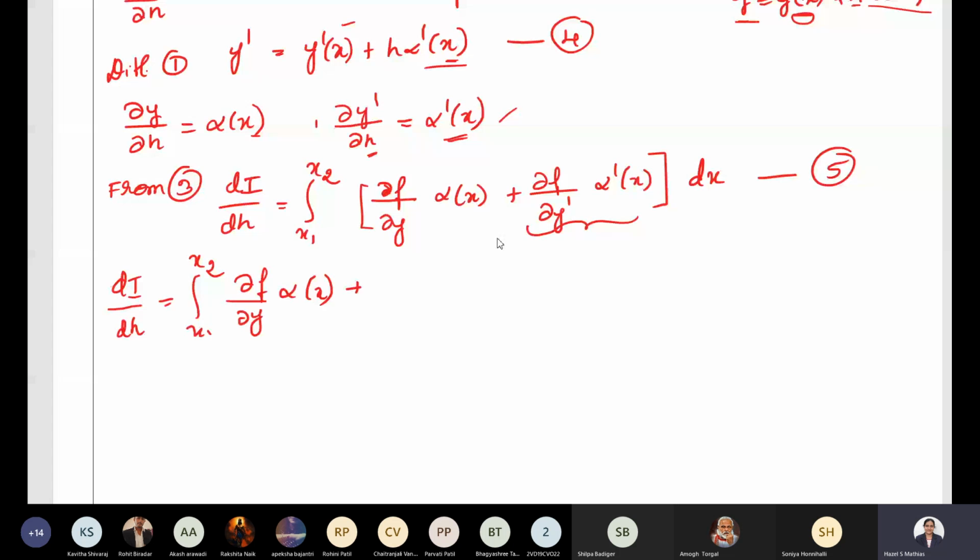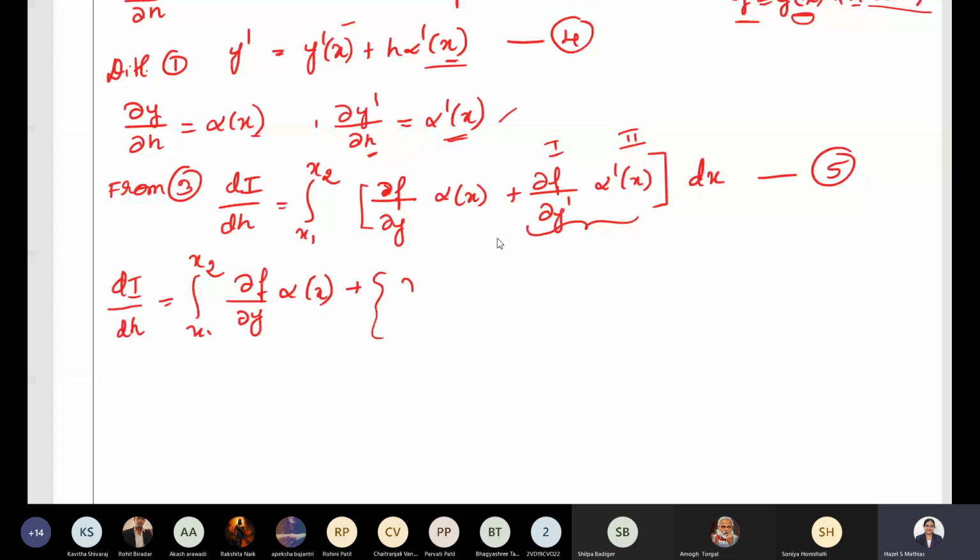Take this as the first term, take this as the second term. First term into integration of the second term. So what is our first term? It is ∂f/∂y dash.